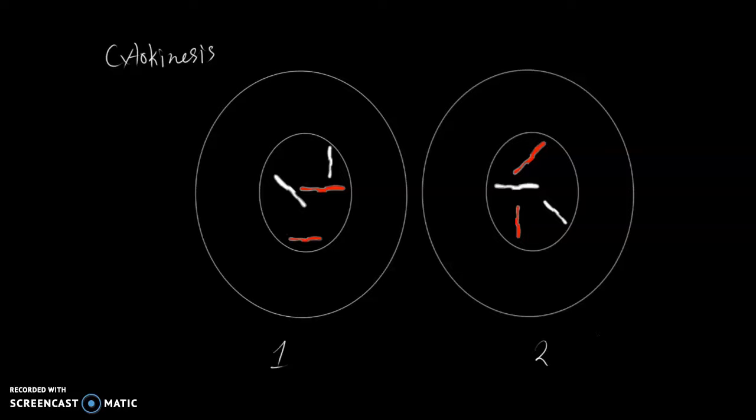Also understand that each of these two daughter cells contain the full set of DNA. In this case, it's a human cell. So one cell here is a diploid cell. And this one is also diploid.